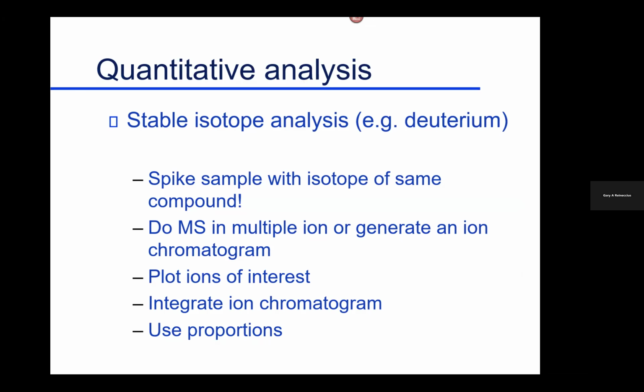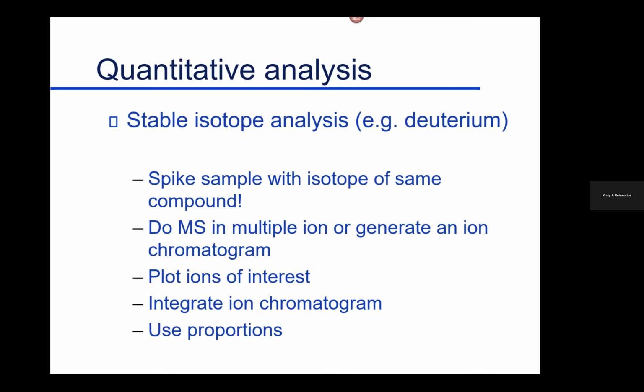There are different ways you can use this, and it's kind of interesting. Most of the time you want to do quantification, but how do you do quantification? One way with the mass spectrometer is making a deuterium, a stable isotope, of the compound you want to measure.